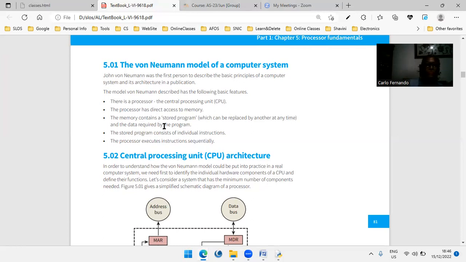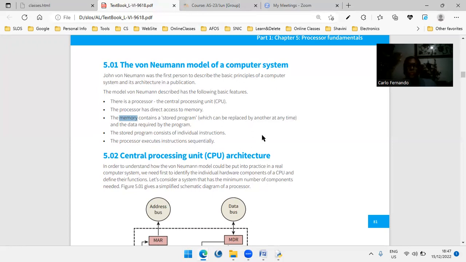So when it is working, the program is stored in the memory. So what is this memory? You know what RAM is? RAM. You have heard of RAM. So this memory will have this program stored in it, which can be replaced by another at any time.